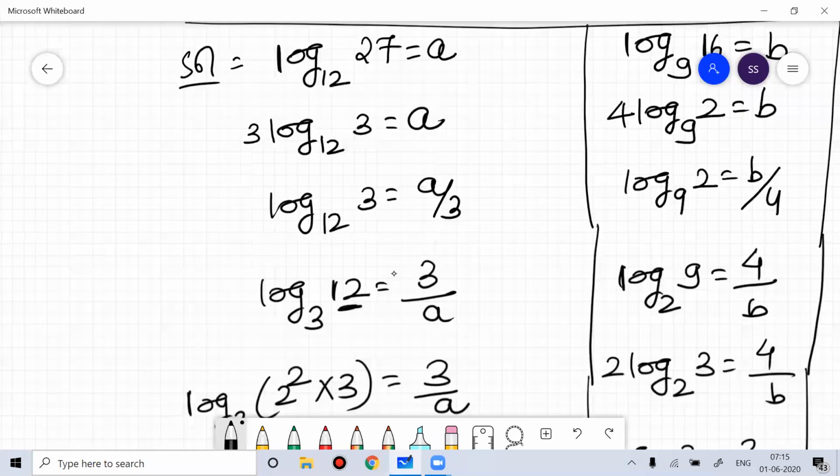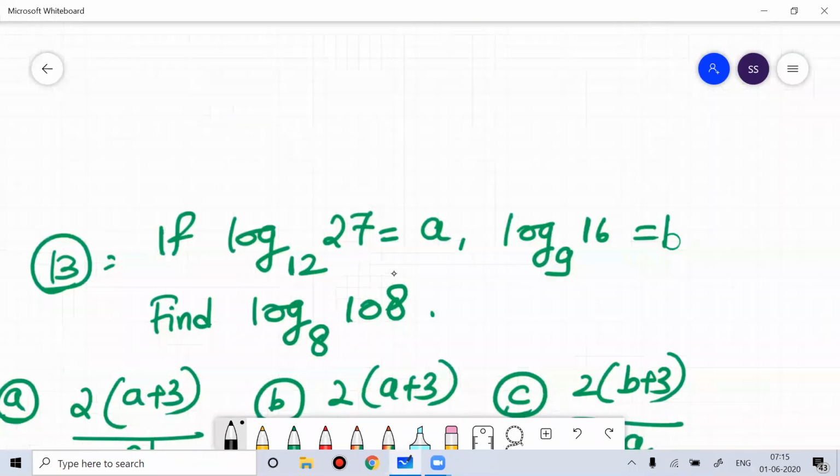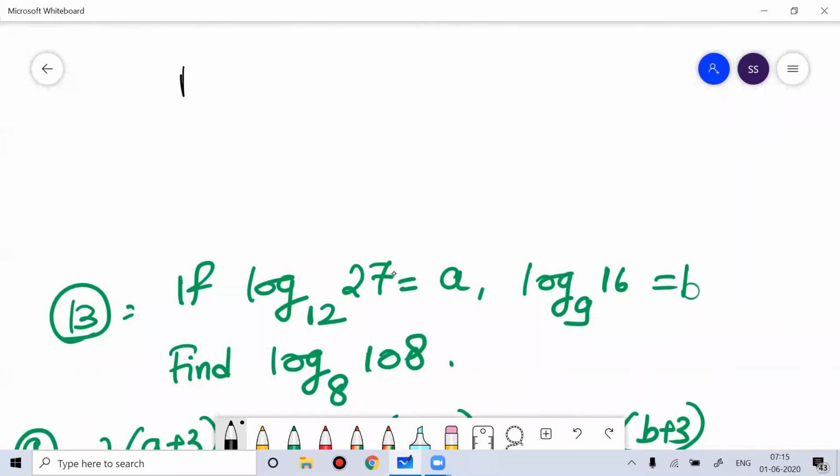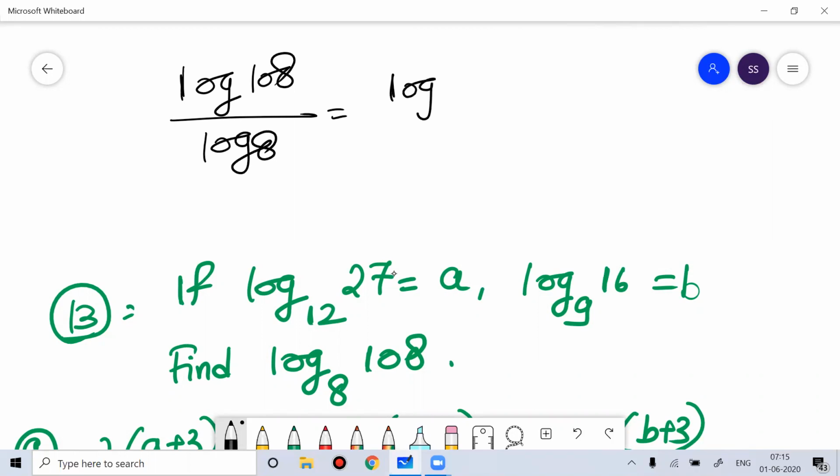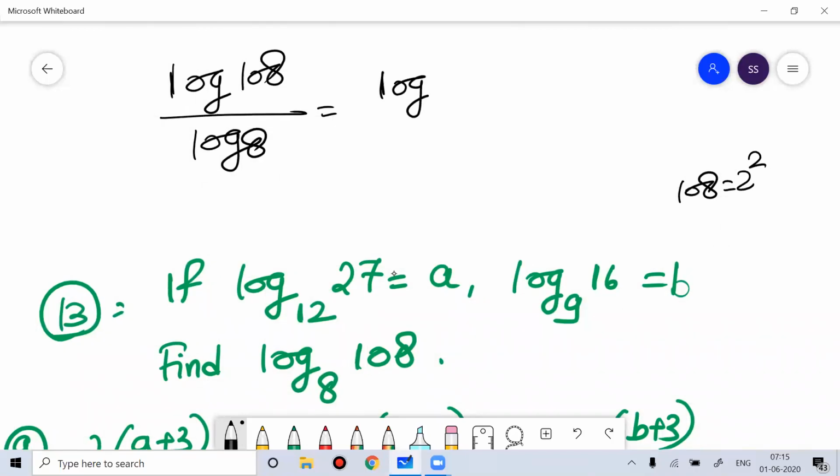Okay, what I need to find is log 108 divided by log 8. 108 is 27 fours, so you can write 108 as 2 square into 3 cube.